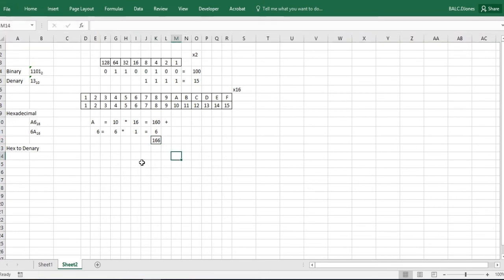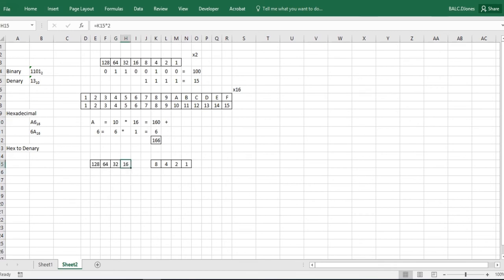Now, you can double check this as well using the binary system, which is really, really useful. And as I said before, we're thinking of these as nibbles. So if I just pinch this from the binary system, if you like, and I'm going to split this up a little bit.